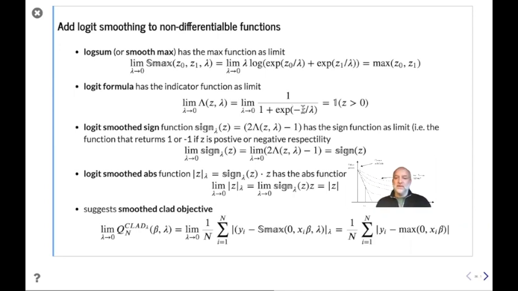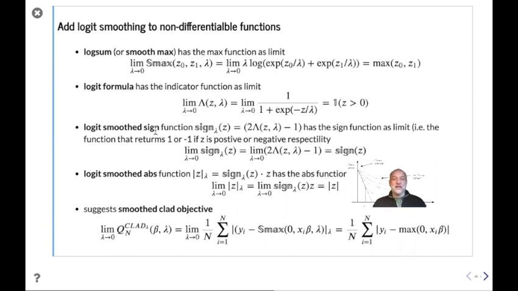Then this becomes positive, so you got something that is going to infinity. So you got 1 over infinity, that's 0. So this is exactly just like what the indicator function would do. And the CDF of the standard normal, as you increase the variance, it becomes wider and wider. As you make it smaller and smaller, they're going to get closer together, and at the end it will be exactly like the indicator function that just jumps from 0 to 1 whenever that variable inside becomes positive. Okay, so that's the limit for the logit formula.